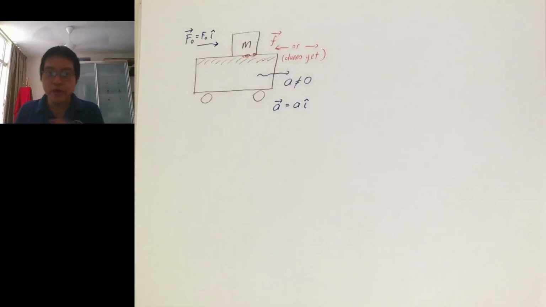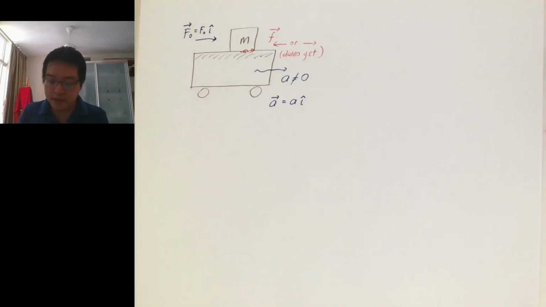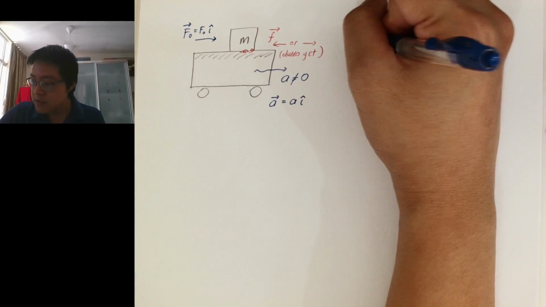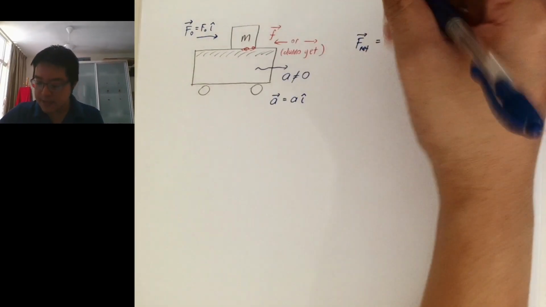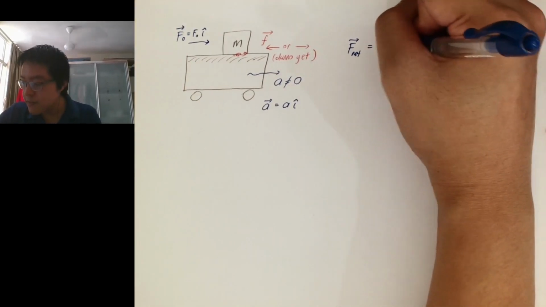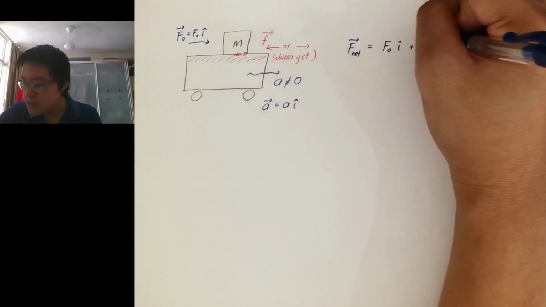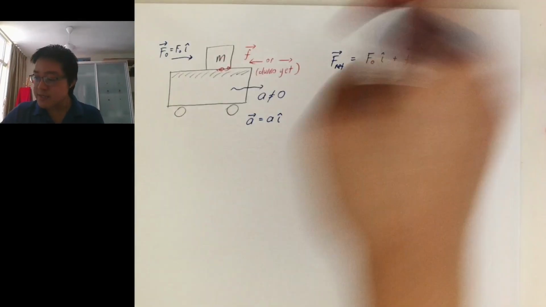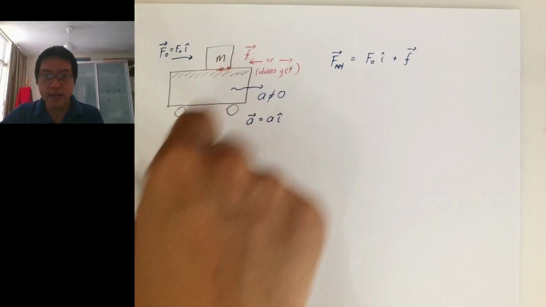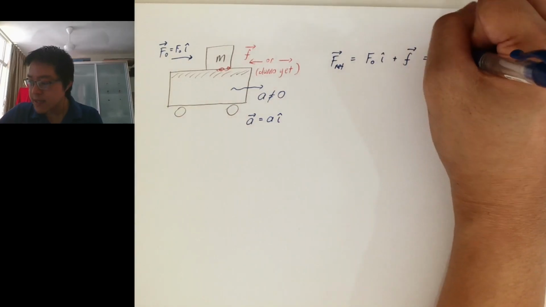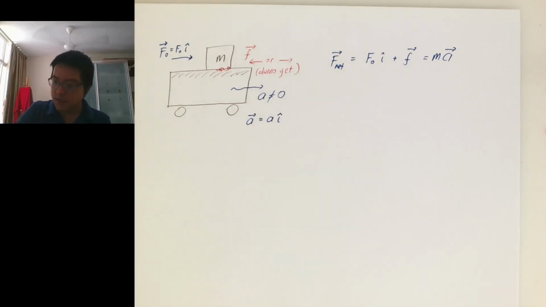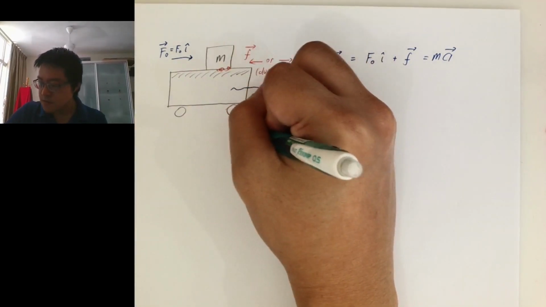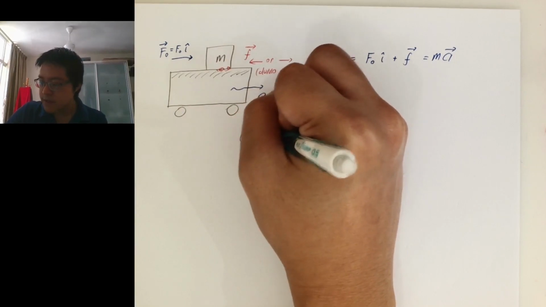So that's why we don't know yet, as long as we make the thing stick to the surface. So let's look at the net force acting on this system. The net force is this force I plus this unknown friction force. And this system is accelerating at A together. So this is mass times acceleration. This is the acceleration relative to the ground.